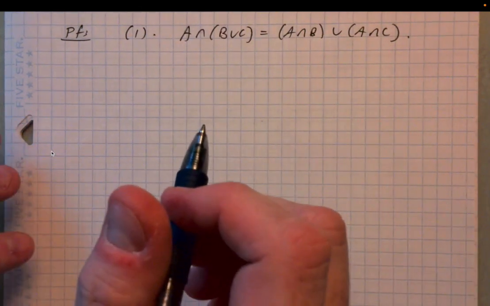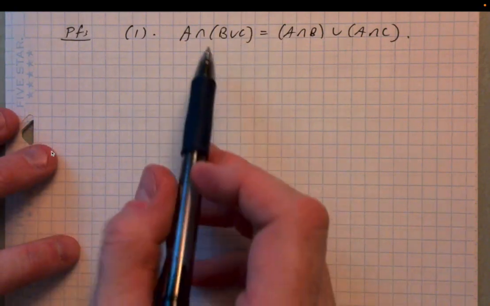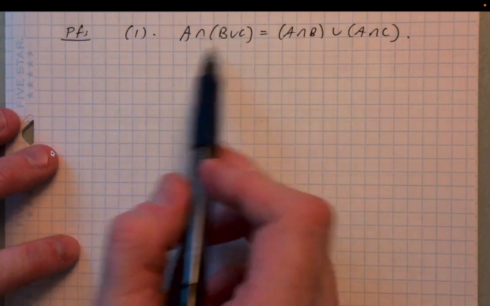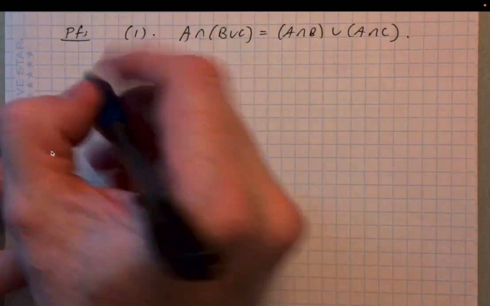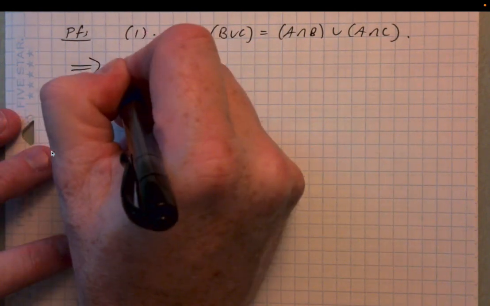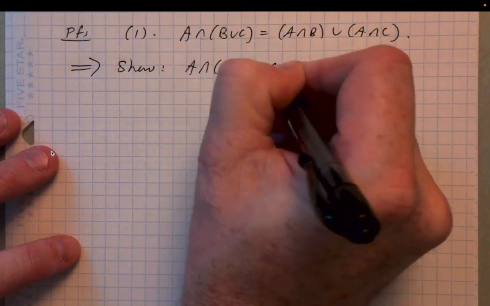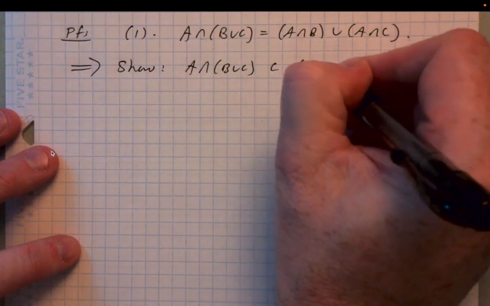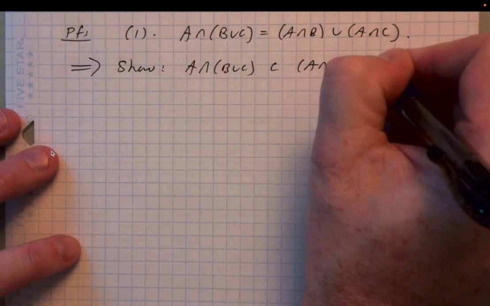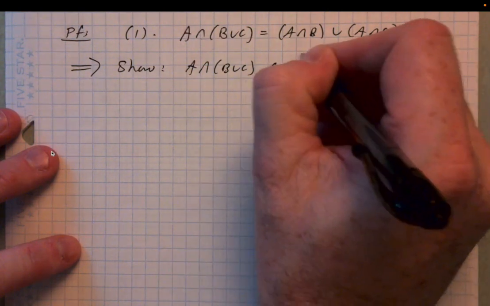So we'll first start with showing that A and B or C is a subset of A and B or A and C.